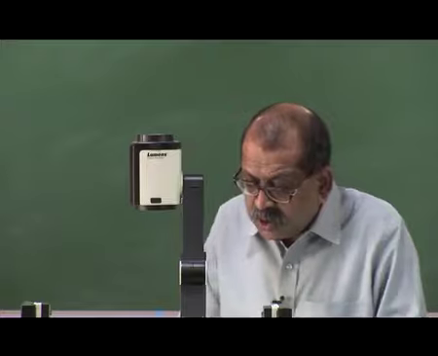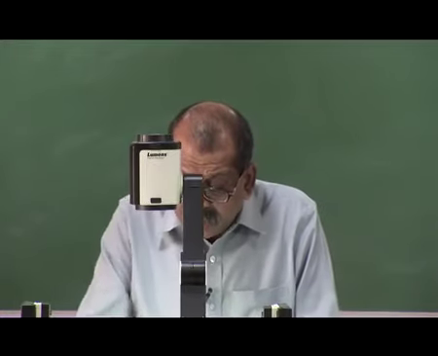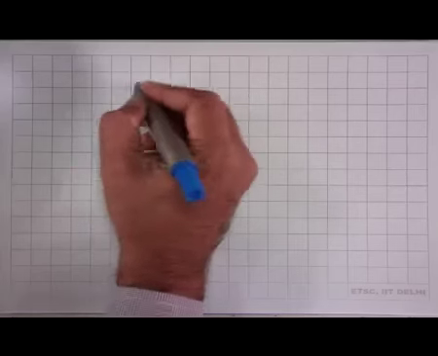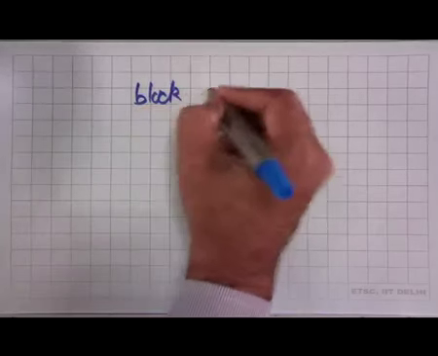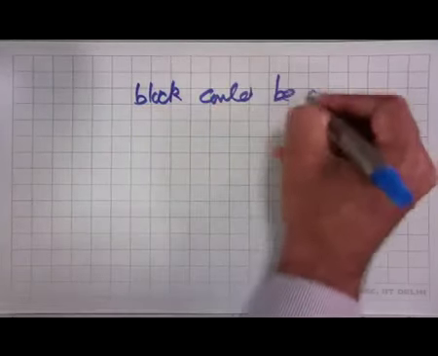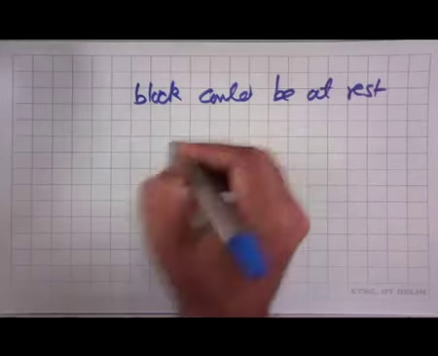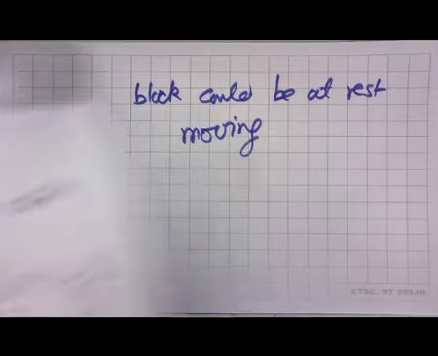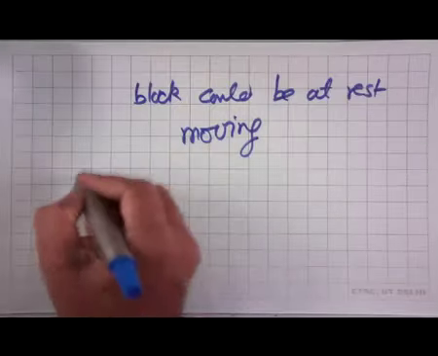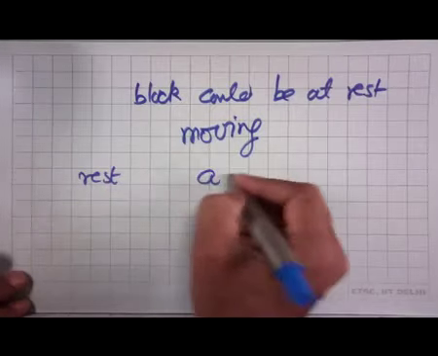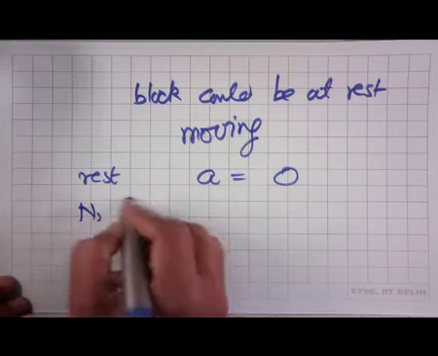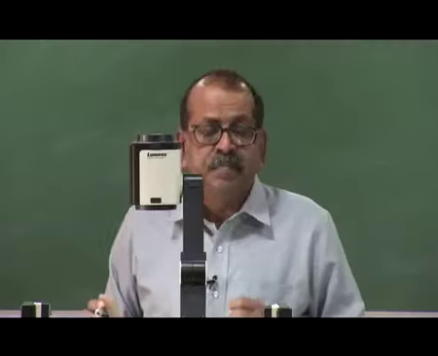And that comes from the fact that this situation, when the body is under this, either the block could be at rest or it could be moving. If the block is at rest, then we have the third information that acceleration is equal to 0. So then we have two unknowns, N and F, and we can solve the problem.